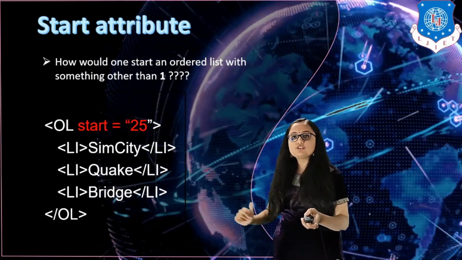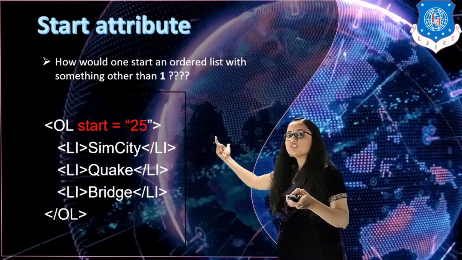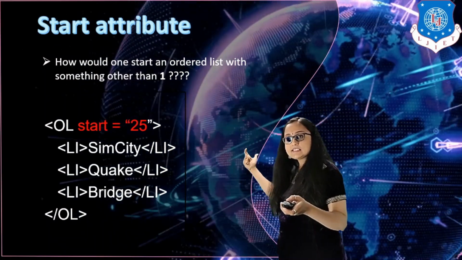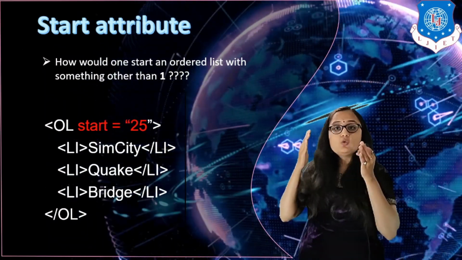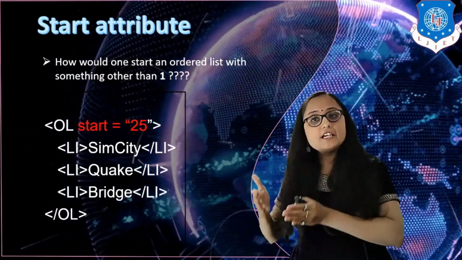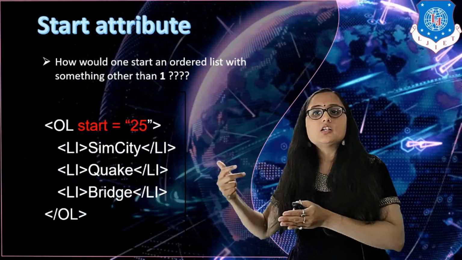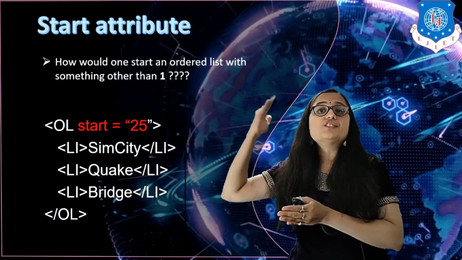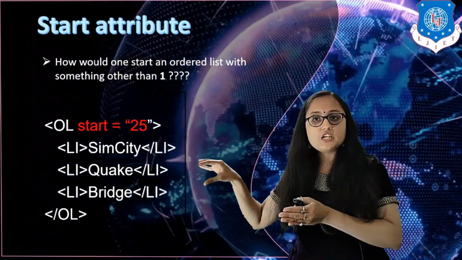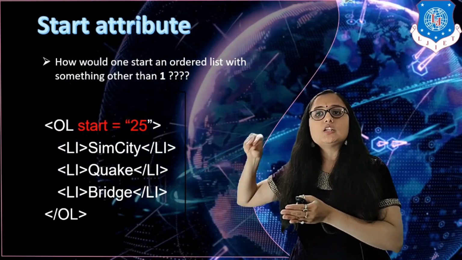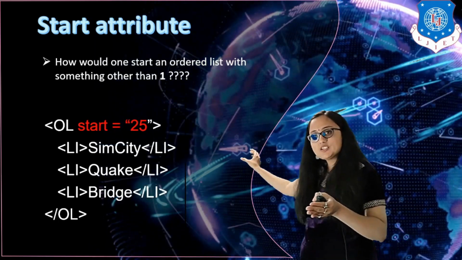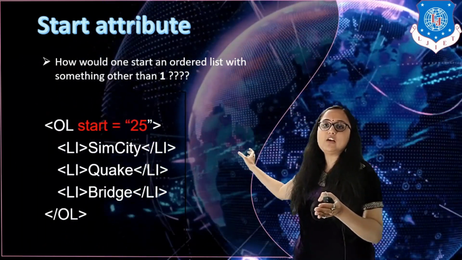So how can you start your sequence from 25? This is a piece of code in which I have used the start attribute value. So start is an attribute of the OL tag and you have to write start is equal to whatever number, for example, if my type is 1, then whatever number you want your particular list to start from, you have to mention that number in the start attribute's value.